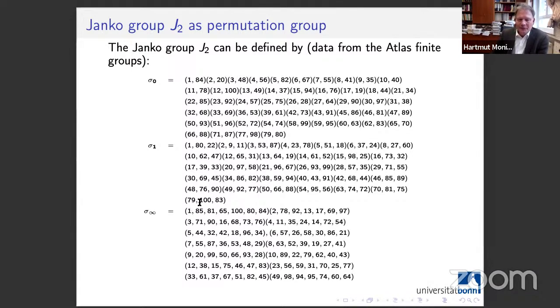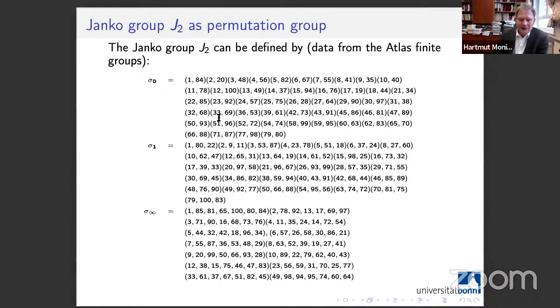These two permutations give you another permutation. If you take sigma 0 times sigma 1 to the -1, you get the permutation sigma infinity, and you can see that sigma 0 is order 2, sigma 1 is order 3, and the last one is order 7.